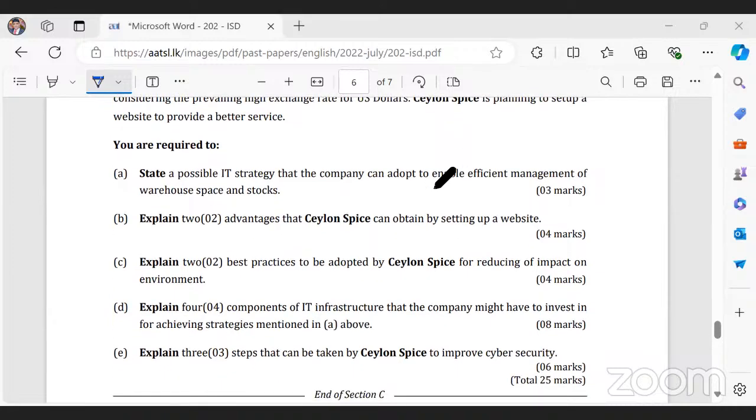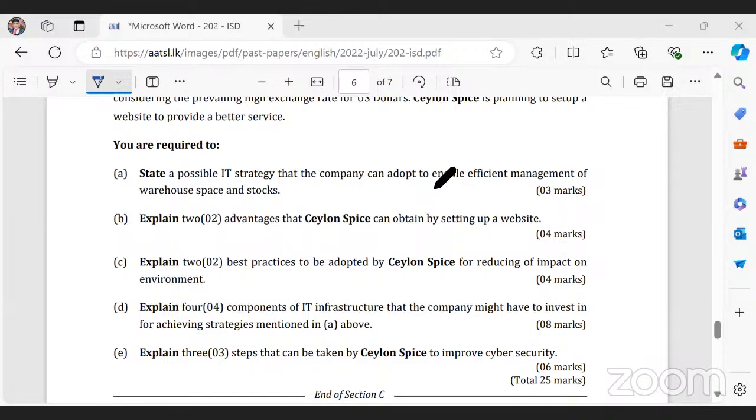Explain 4 components of infrastructure that the company might have to invest in to achieve the strategy mentioned above. They can invest in hardware, right?